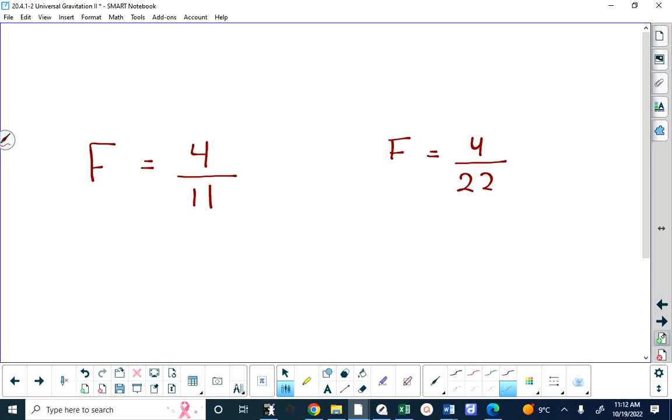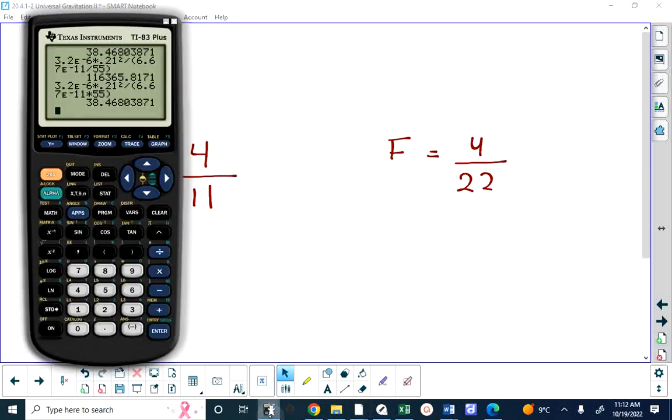Is there a relationship between these two fractions? Well, we could calculate them. 4 divided by 11 is this number. 4 divided by 22 is this number.